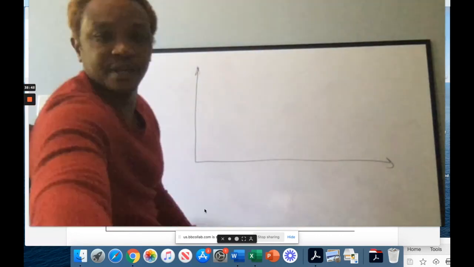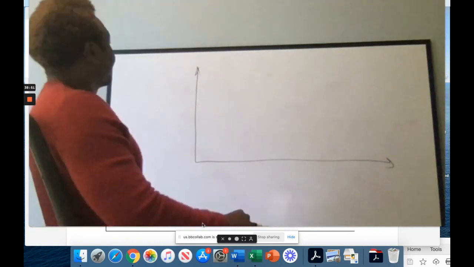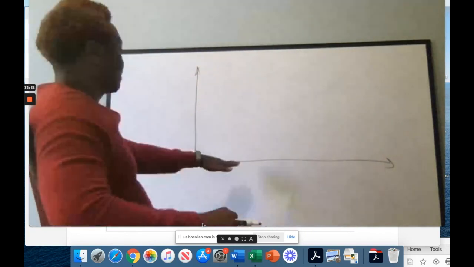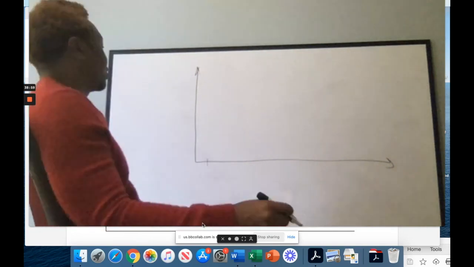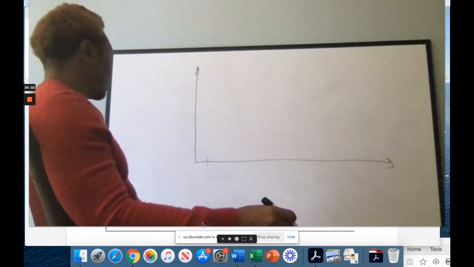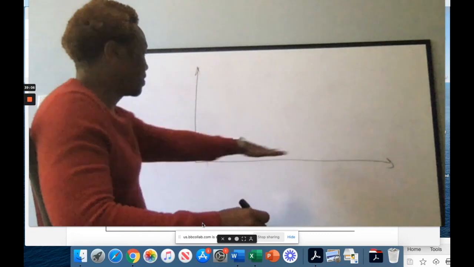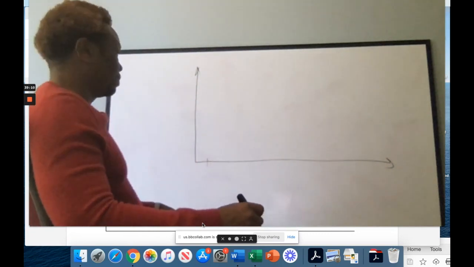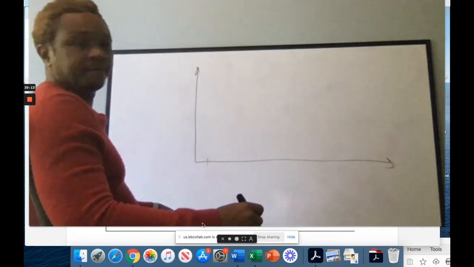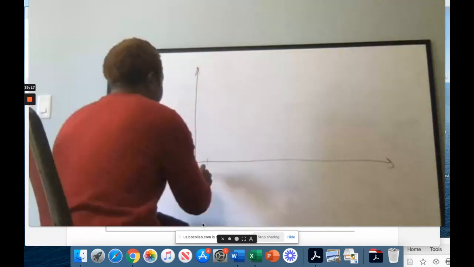I can go back to the time component down here. So what's the first thing that's going to go in the chart? This has to be in years. What's the first year that you see? 1982.